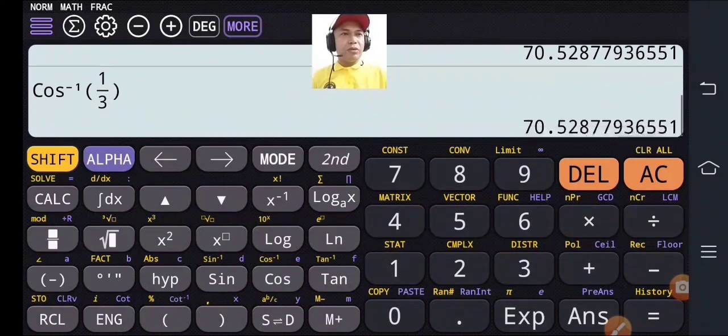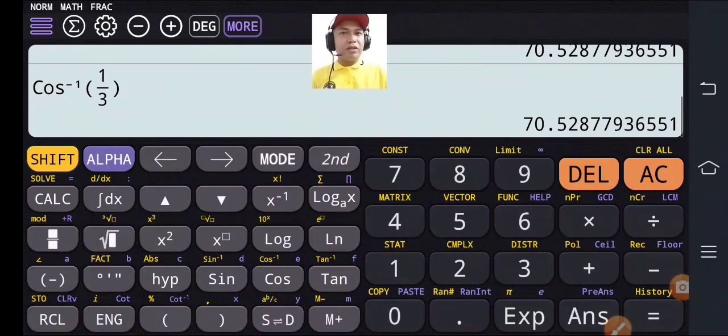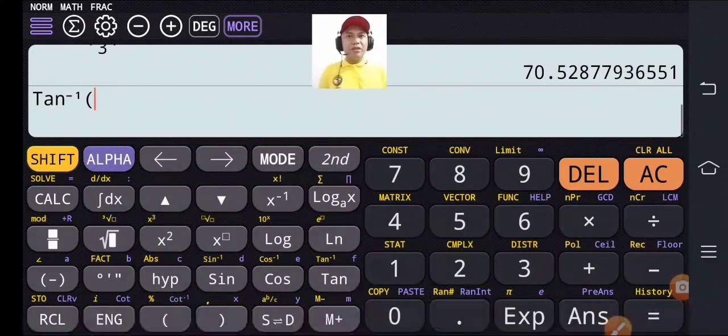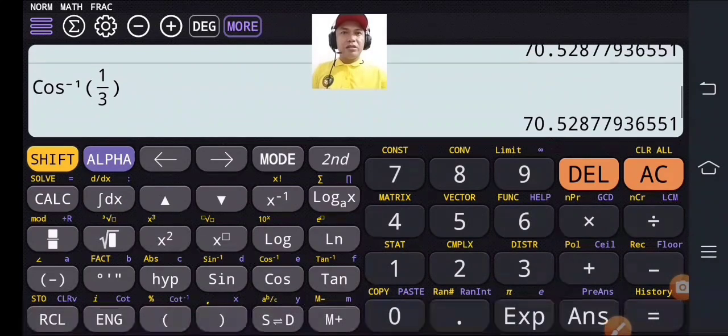How about for tangent? Tangent is sine over cosine. So sine is square root of 8 over 3 divided by 1 over 3.